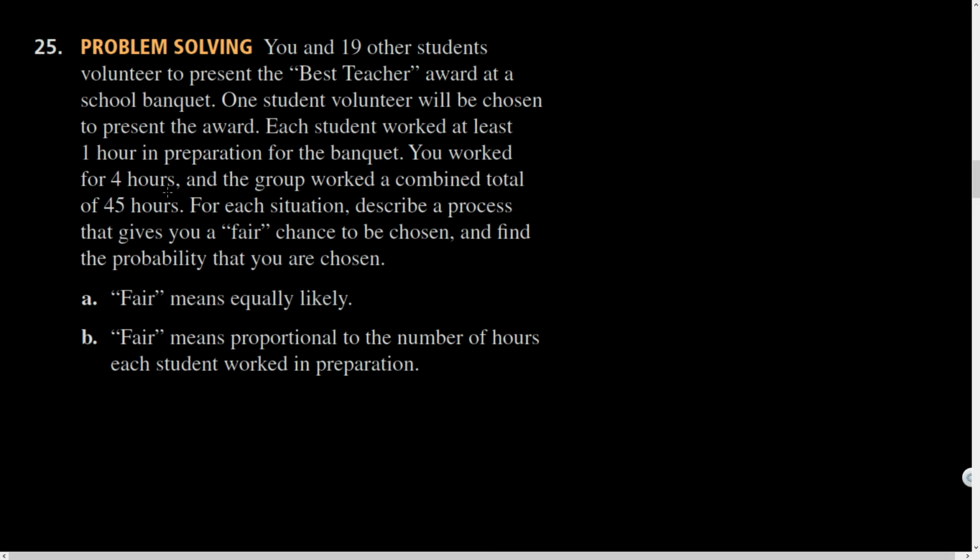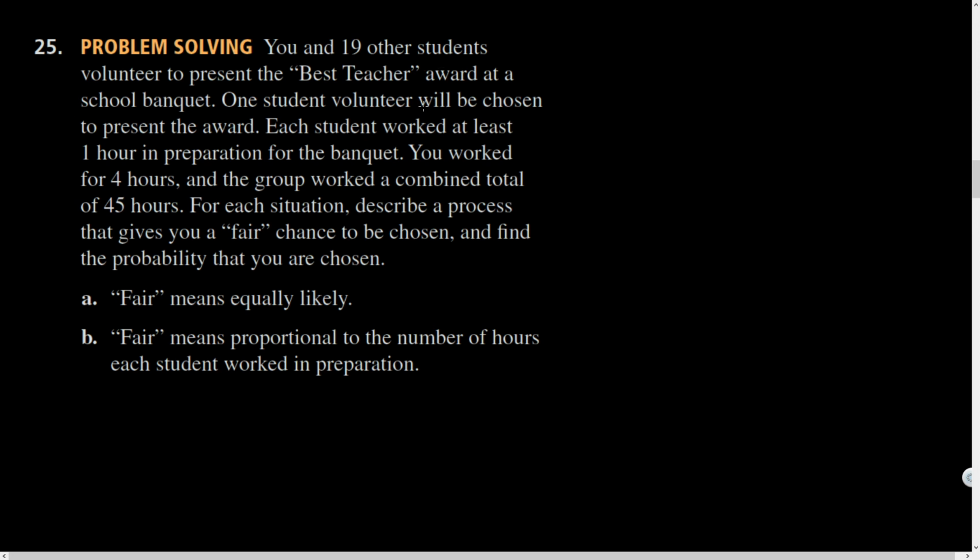You worked 4 hours. And the group worked a total of 45 hours. So you worked 4, each other student worked at least 1, and there were 19 other students. Lots of information going on here. So 19 plus you, thank you, by the way, for all your hard work, is 20 students.